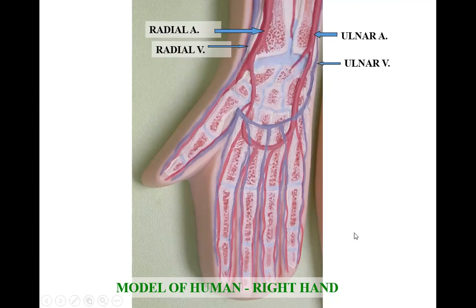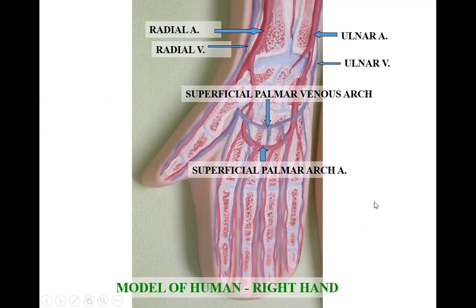Now you'll notice they form two arches in here. Those are called the palmar arches. And this is the venous arch, the palmar venous arch, and the arterial arch right there. And even easier to remember is that the arteries and veins in the fingers are called the digital arteries and the digital veins.